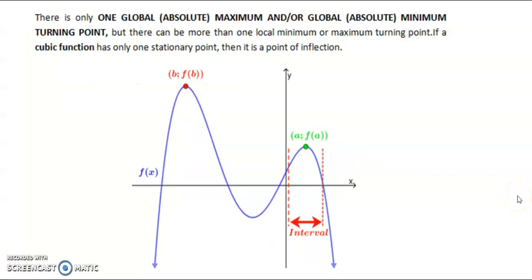There is only one global or absolute maximum and or a global or absolute minimum turning point, but there can be more than one local minimum or maximum turning point. If a cubic function has only one stationary point, then it is a point of inflection.